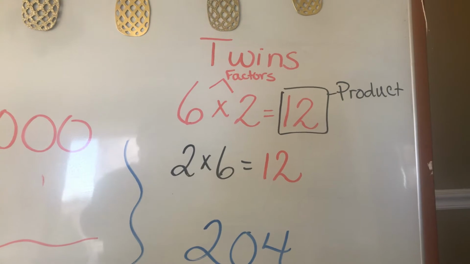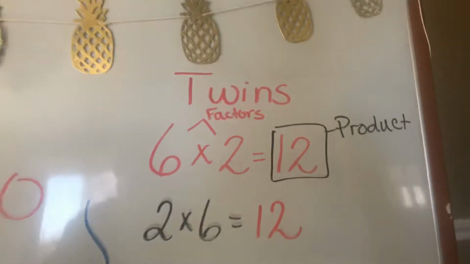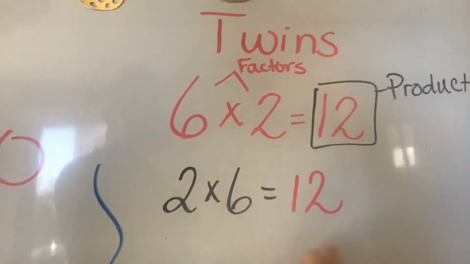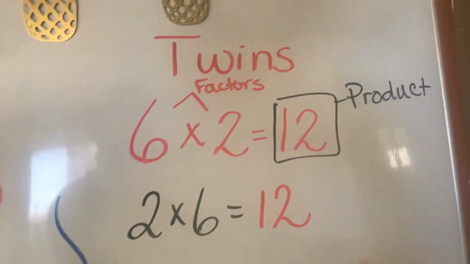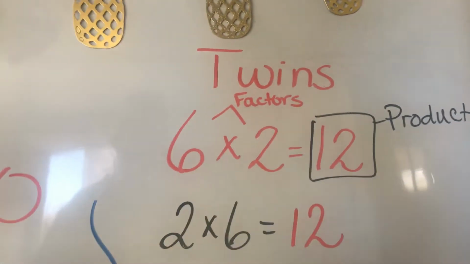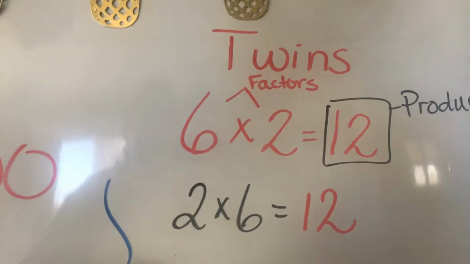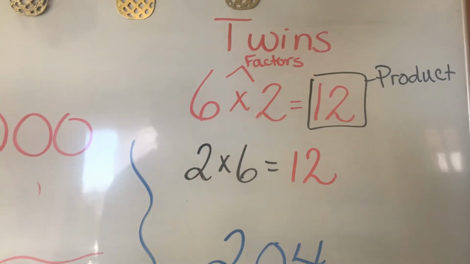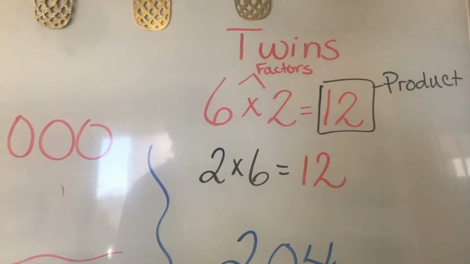Anytime we switch the numbers around, your answer will still be the same. And again, your answer is the product. Your two numbers that you're multiplying are called factors, and these are twin problems because they are all alike. The numbers have just been changed.